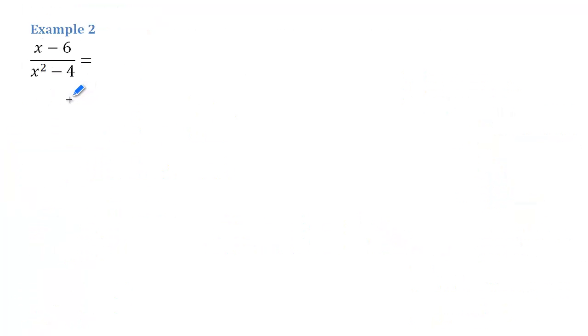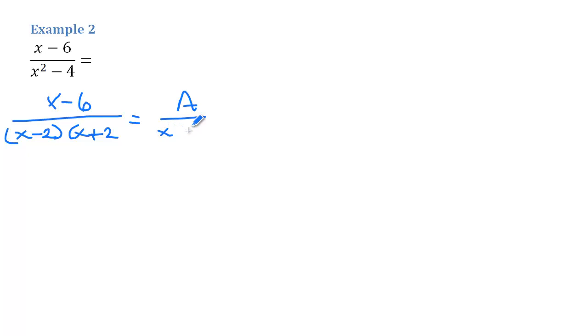Here's a second example. If we want to write x minus 6 over x squared minus 4 as a partial fraction, we need to factor the denominator into x minus 2 and x plus 2. So that will be equal to some number over x minus 2 plus another number over x plus 2.